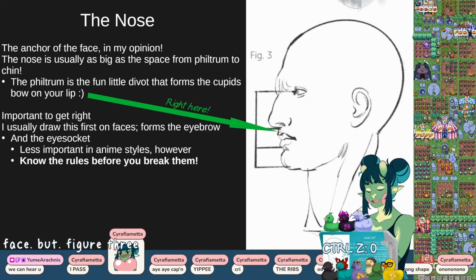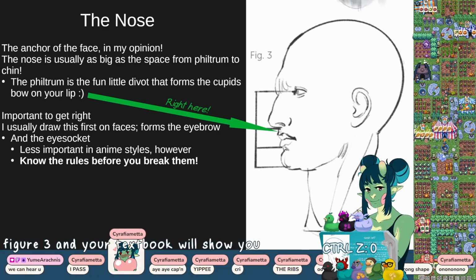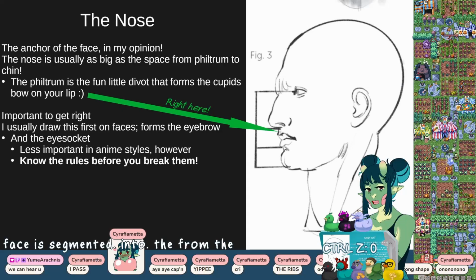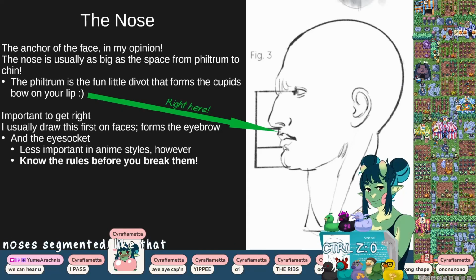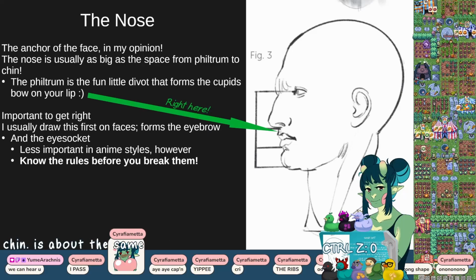Figure 3 in your textbook, I can't believe I have to say in your textbook, will show you the face segmented like that. The bottom half, from the philtrum to the chin, is about the same size as the entirety of the nose, right?